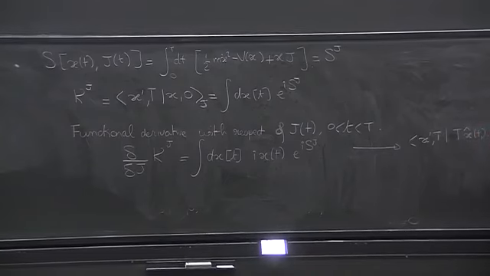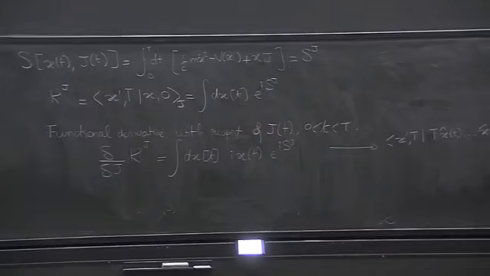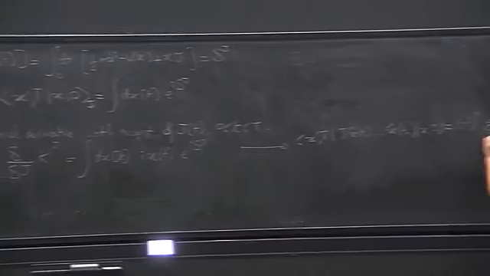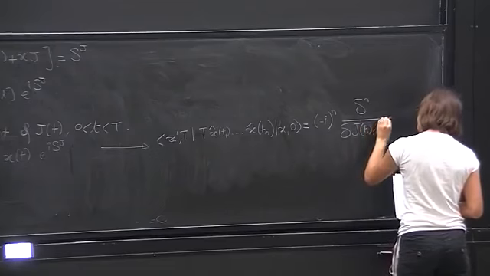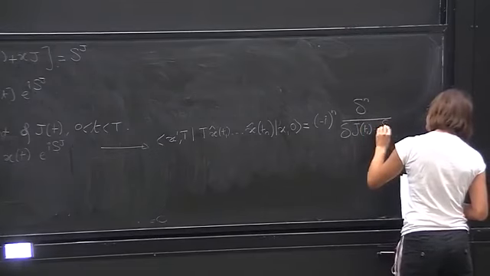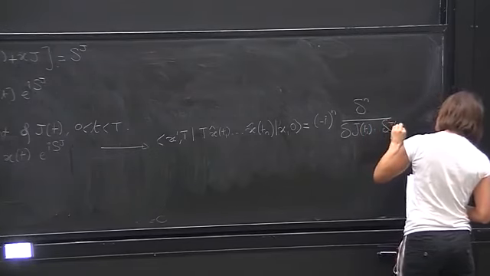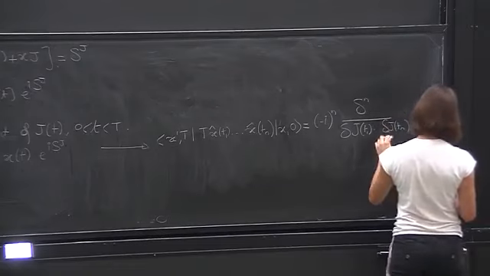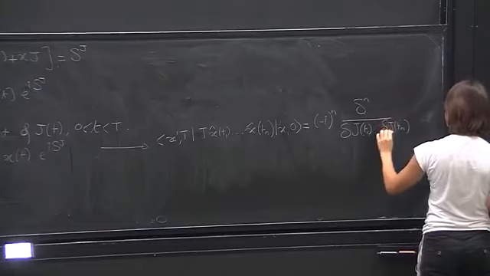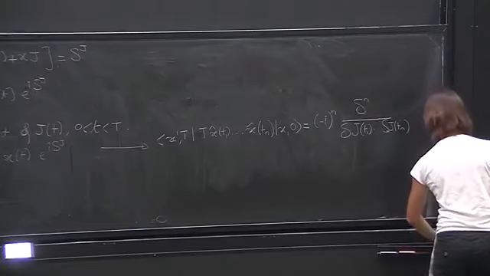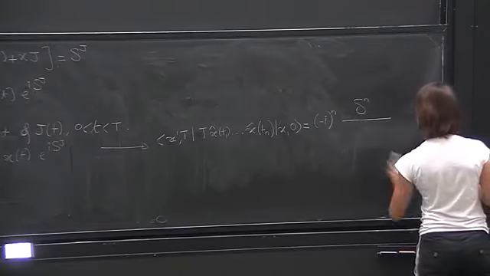So this object can be obtained from x to 0. I multiply by minus i to the power n, and then I take multiple functional derivatives at different times. Let me rewrite this maybe correctly.